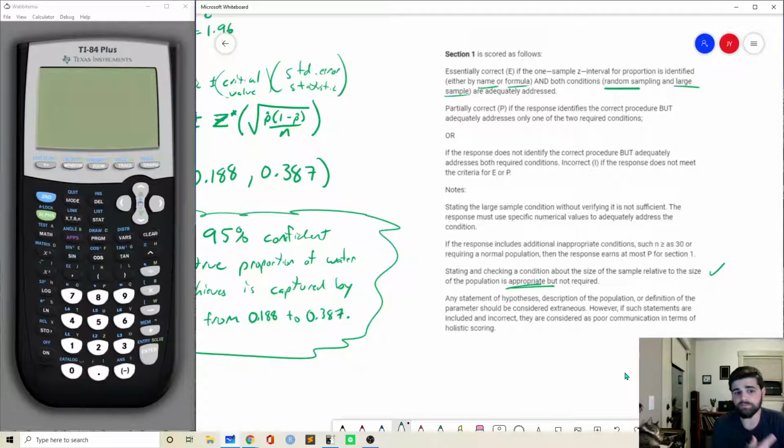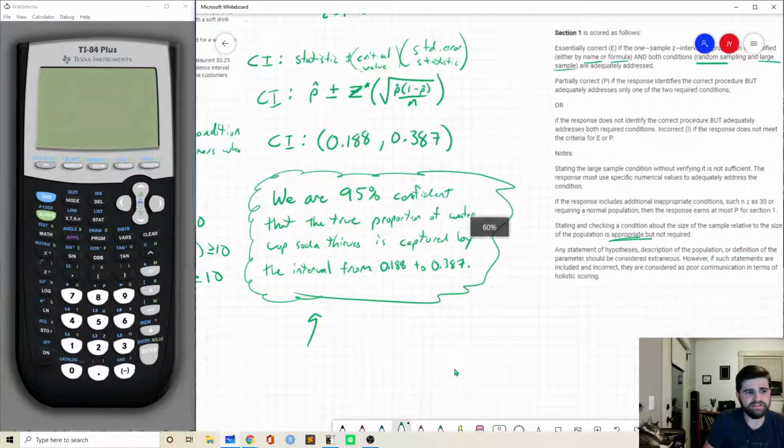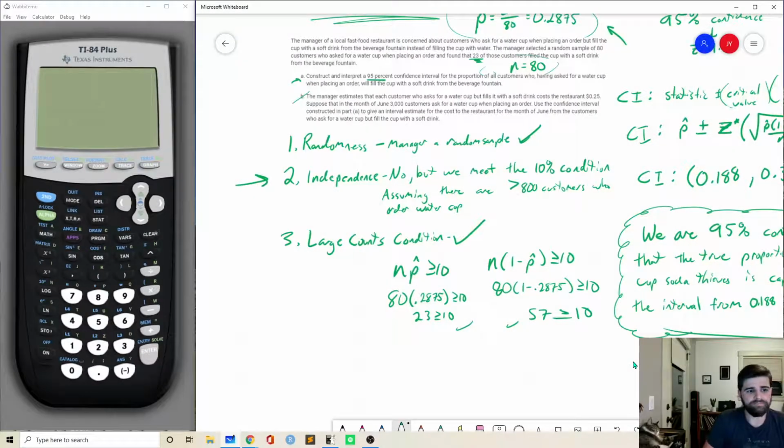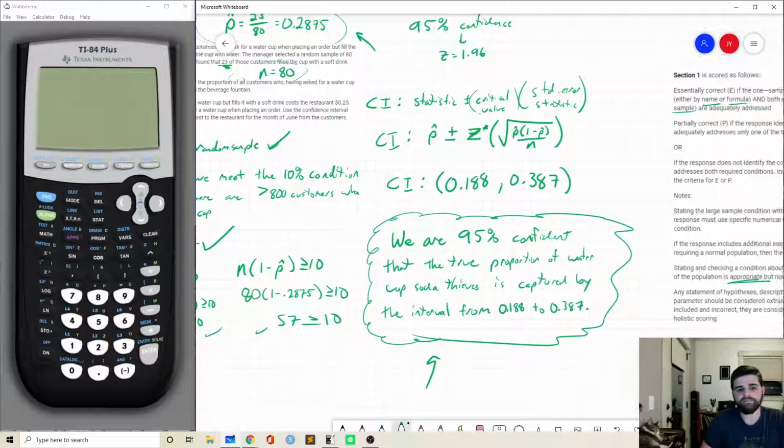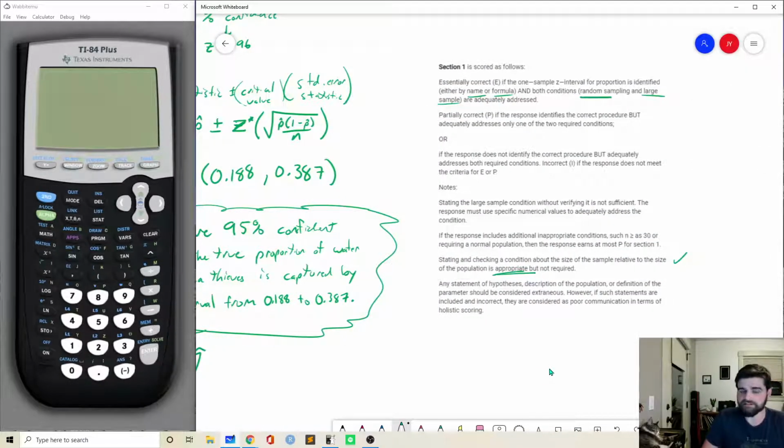The next video will be a confidence interval for sample means, and it's a similar process to calculate that. You'll see that in the next video, but we don't do the large counts condition when we look at x bars instead of p hats. When we look at x bars, we have a different check for a big enough sample, and it's n is greater than 30 to make sure we have a normal sampling distribution.